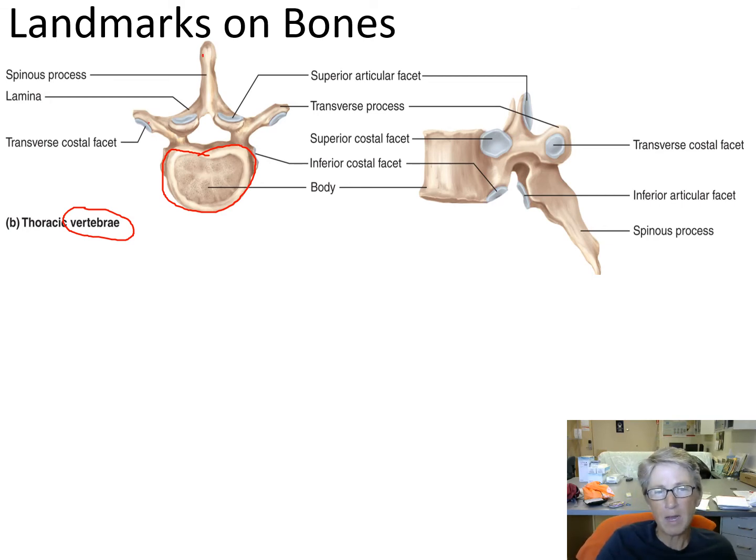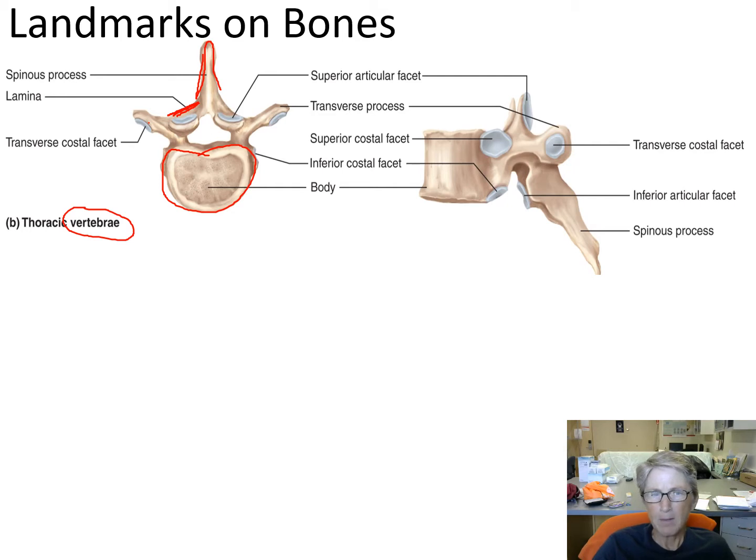This is the spinous process of the vertebra, so you can feel those spinous processes if you just feel your vertebra. And then lamina, lamina just means plate, so this plate connects the spinous process to the rest of the vertebra.